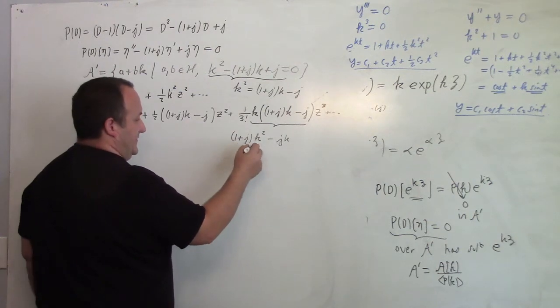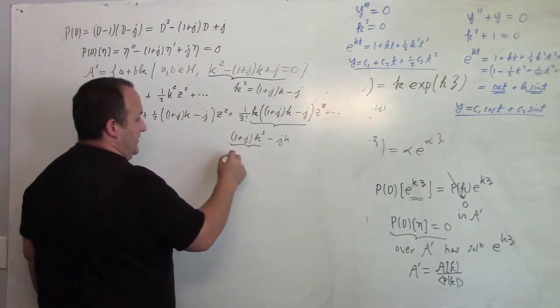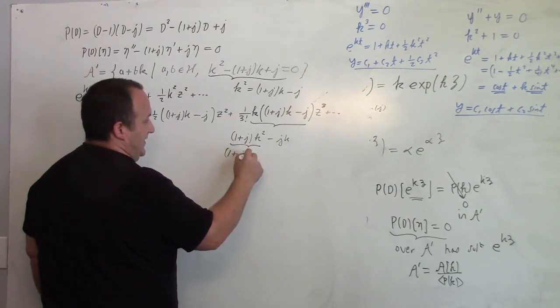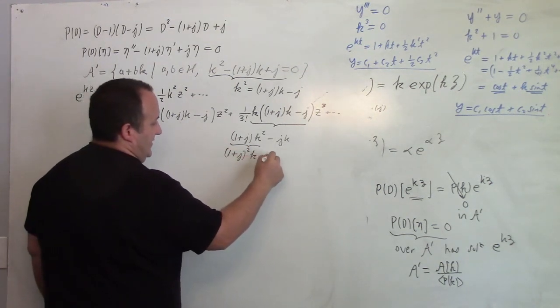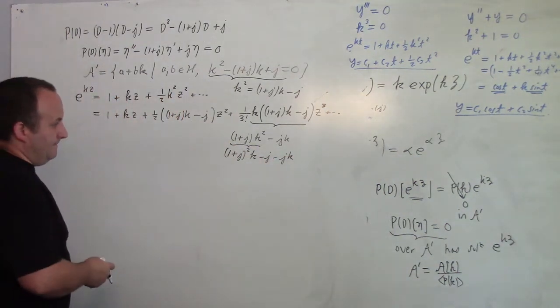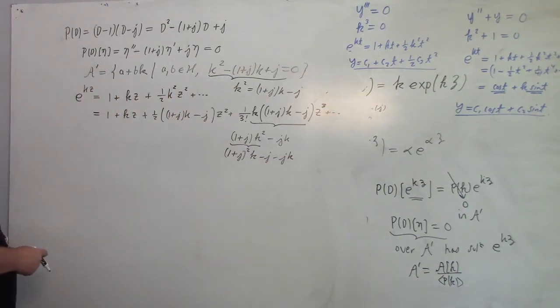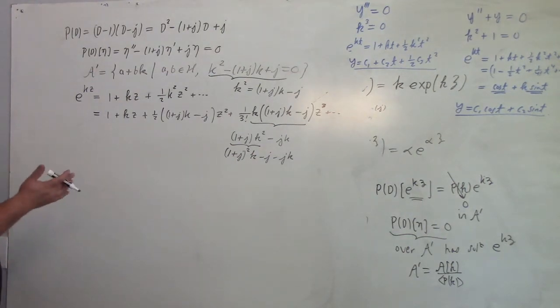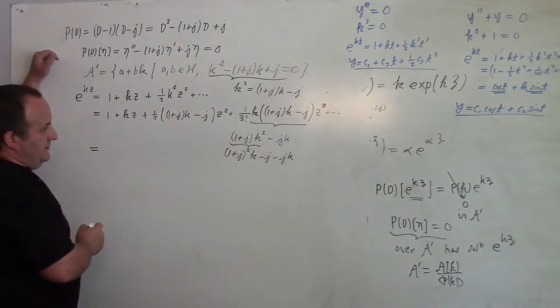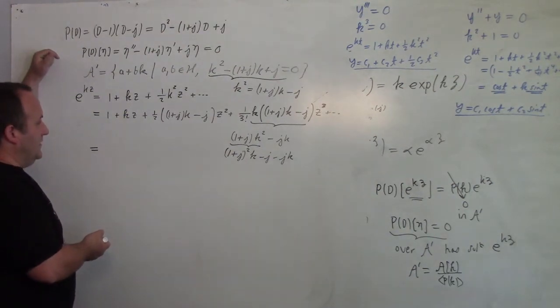The k squared is 1 plus jk minus j. So that's 1 plus j squared k minus j minus jk. And, all right, fine, you can collect stuff. What do we got? So, 1 plus j.